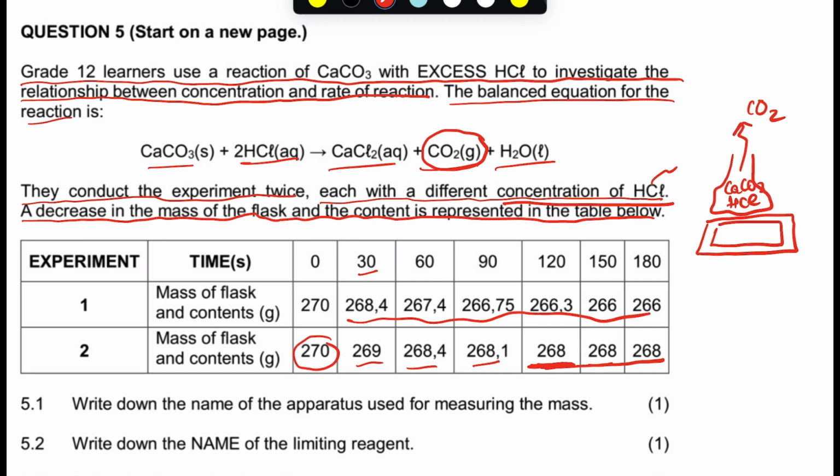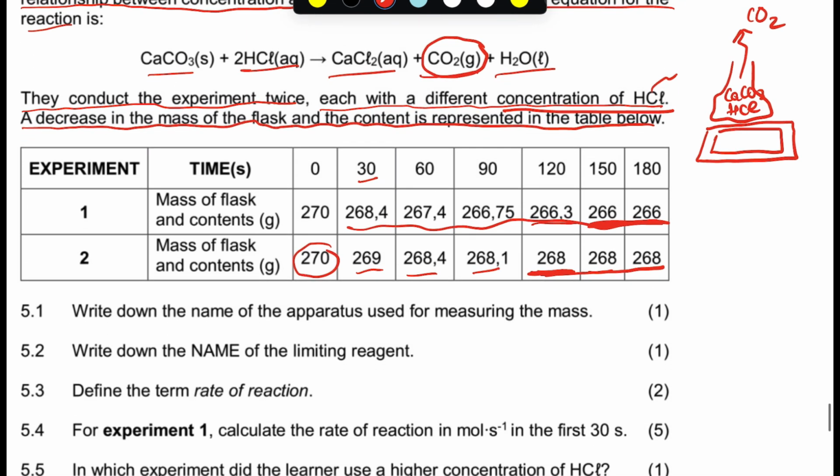But this one stopped at 150, after 150 seconds, right? All right.